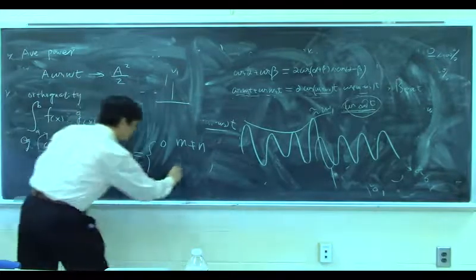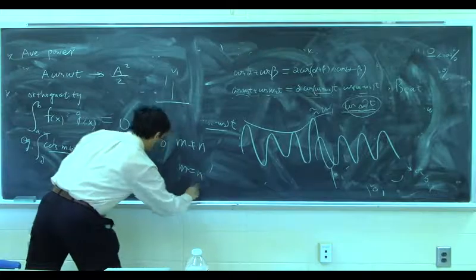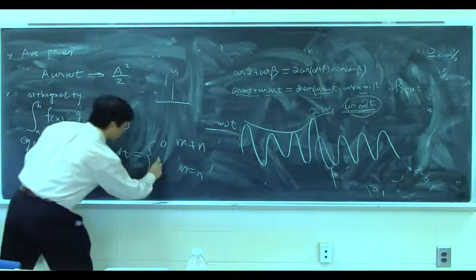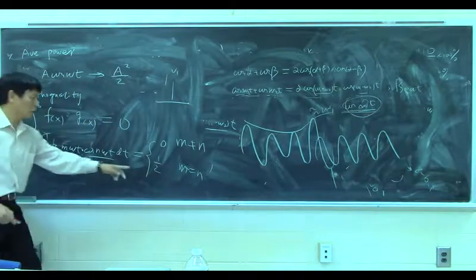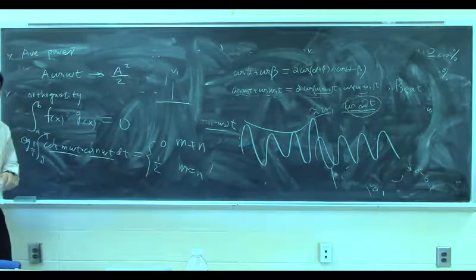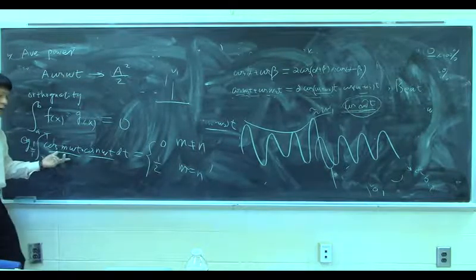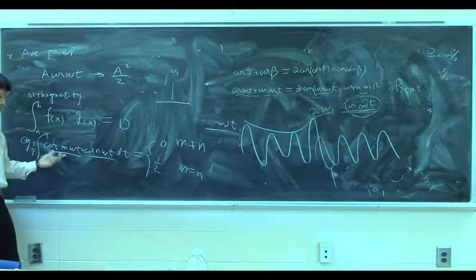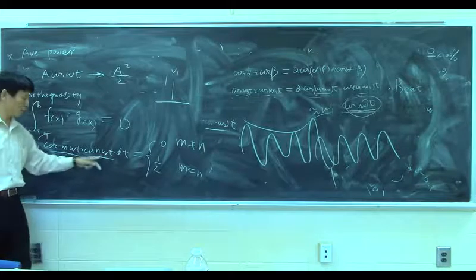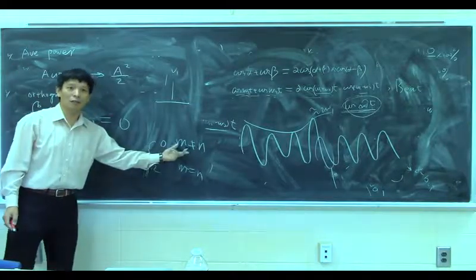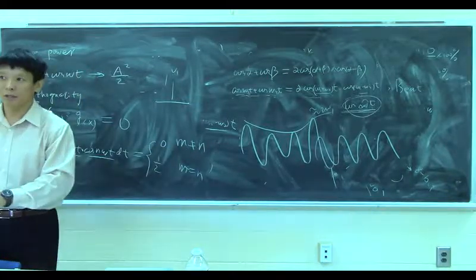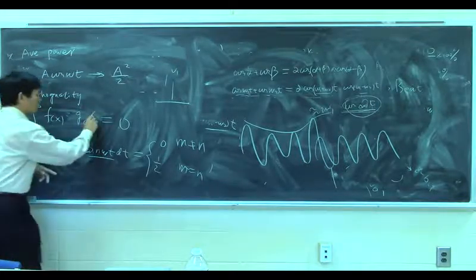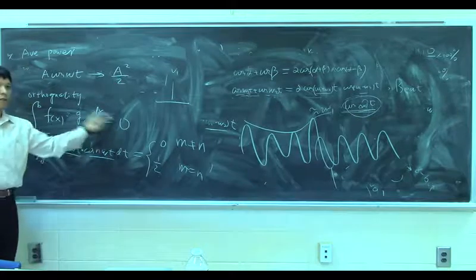If m equals n, then dividing by the period here, that will equal half. That means any cosine functions with different frequencies, m omega and n omega with m and n different, are orthogonal to each other. You do the integration and this equals 0.